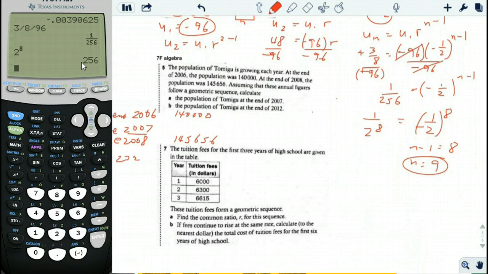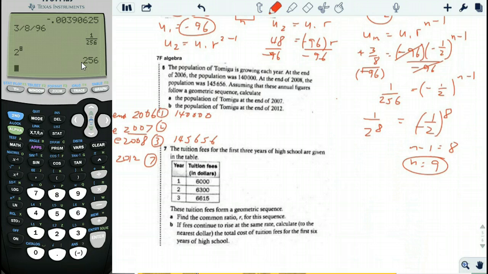Okay, so let's say that this is u1, and this is u2, and this is u3. So what would 2012 be? Let's see, 2008 is 3, so 2009 is 4, 2010 is 5, 2011 is 6, 2012 is 7, so that would be u7.